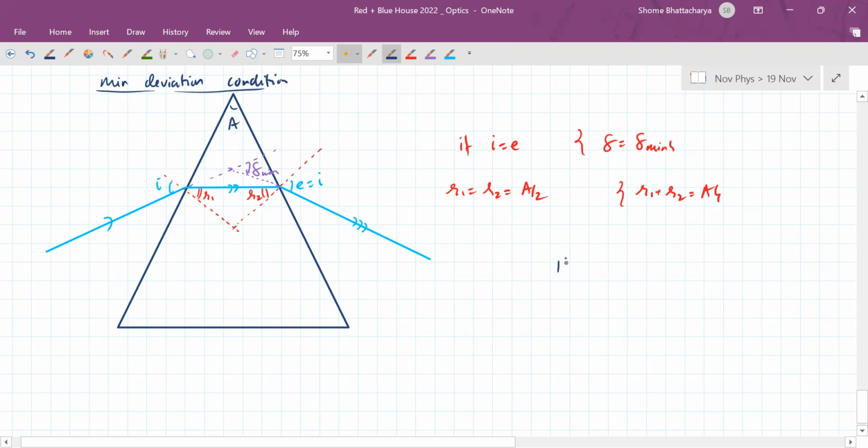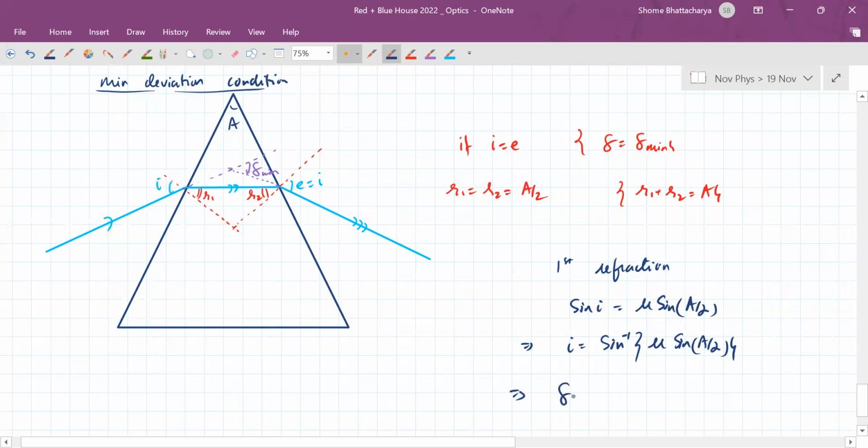So now you can see for the first refraction, we have sin I should be equal to mu sin A by 2. So basically angle of incidence should be sine inverse of mu sin A by 2. And therefore the minimum deviation will become this.